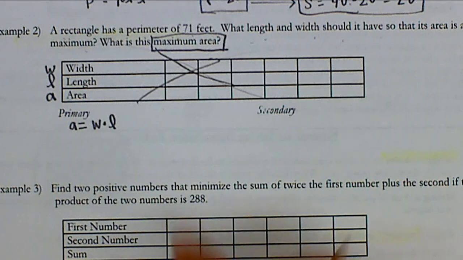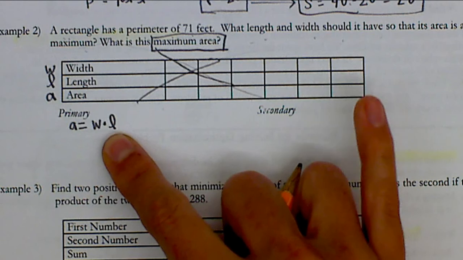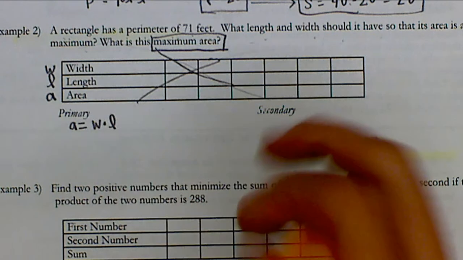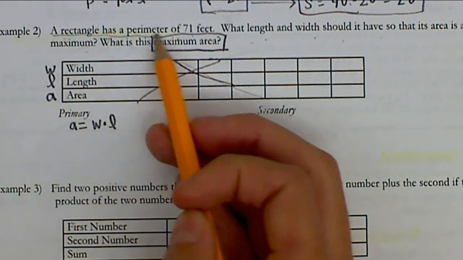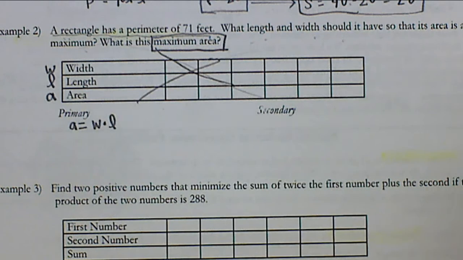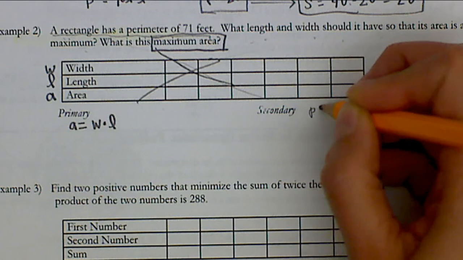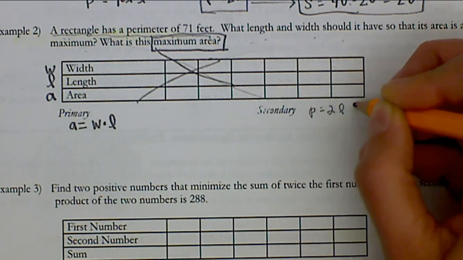I have two variables, so I need to come up with a secondary equation to bring this down to 1. So I can use this first sentence to help me build my secondary equation. A rectangle has a perimeter of 71 feet. So the perimeter I know is equal to 2L plus 2W.